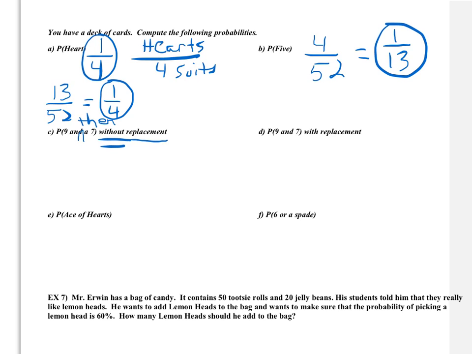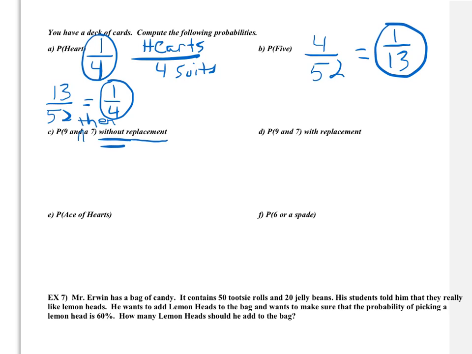We're going to draw a card first, and then we're going to draw a second card. After we draw the first card, are we putting that card back in before we draw the second card? The answer is no. It's without replacement, meaning we are not replacing that card once we draw it. So on the first draw, we still have the 52 cards.